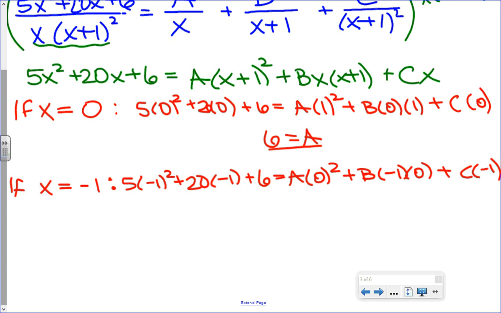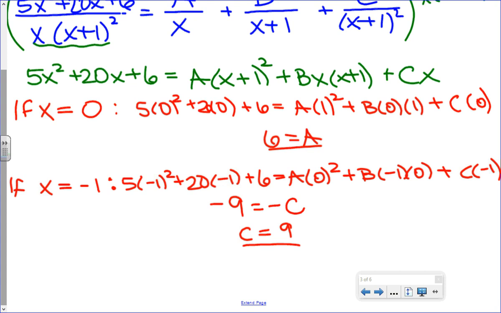What's 5 minus 20? -15. Plus 6? -9. And over here we have 0, 0, minus c. So c is going to be 9.